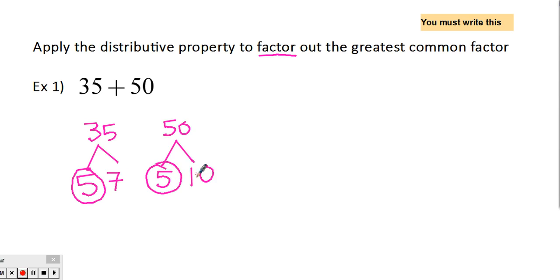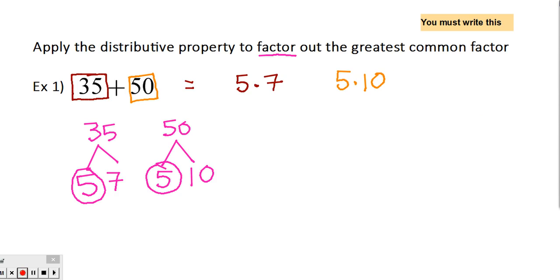So I could write 35, this number, as equal to 5 times 7. And I could write 50 as equal to 5 times 10.